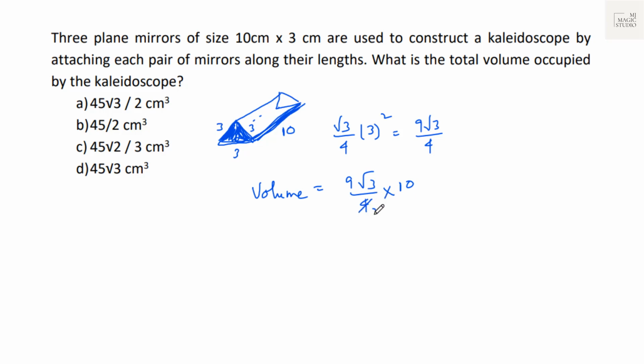So what we get here is 45 root 3 by 2 centimeter cube, which is in option A. Volume of any prism is given by area of the base into the height, and it should be a right height. Right height means uniform height.